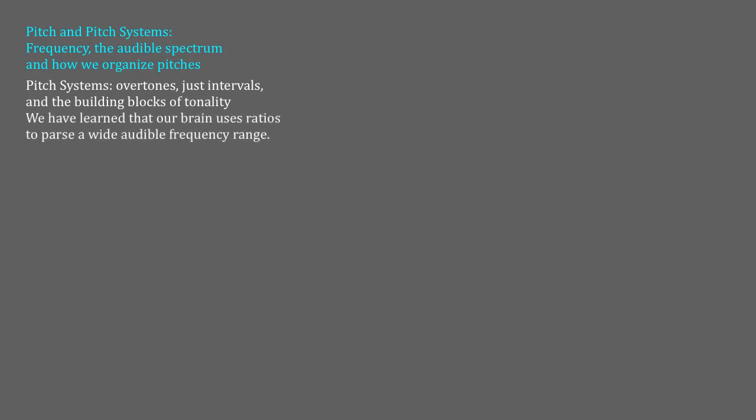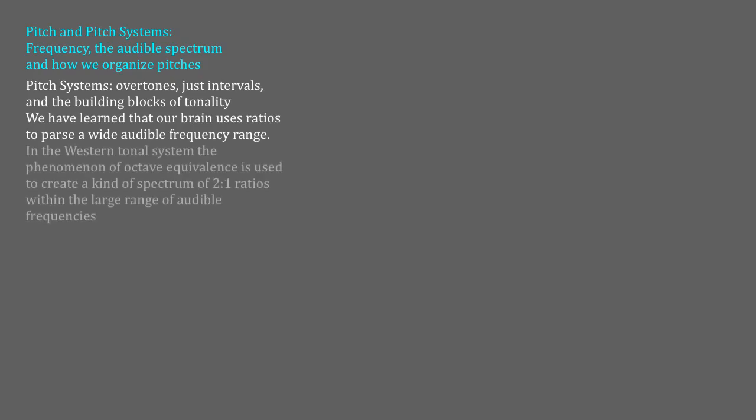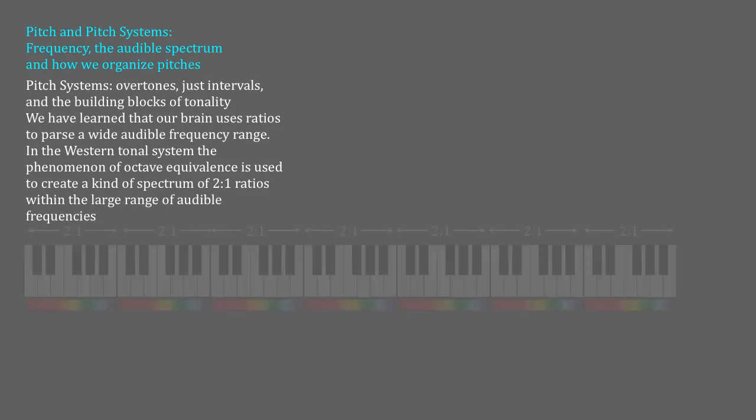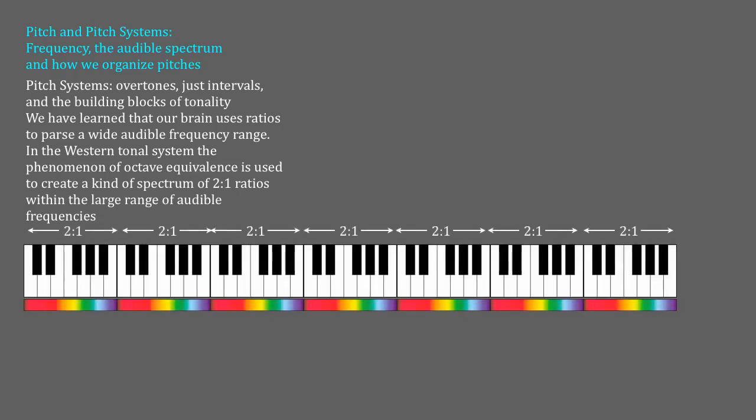We've learned that our brain uses ratios to parse a wide audible frequency range. In the Western tonal system, the phenomenon of octave equivalence is used to create a kind of spectrum of 2 to 1 ratios within the large range of audible frequencies. And so here we see a piano keyboard, and just as a metaphorical example, we see a spectrum for every octave.